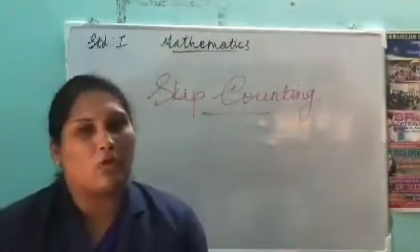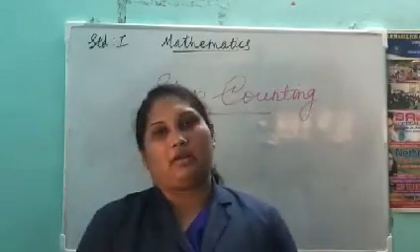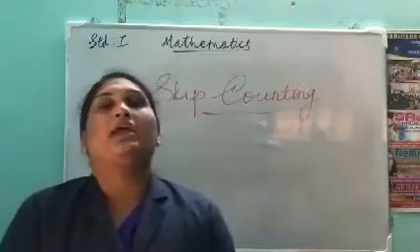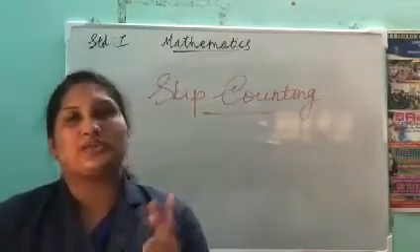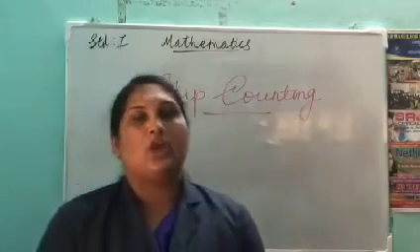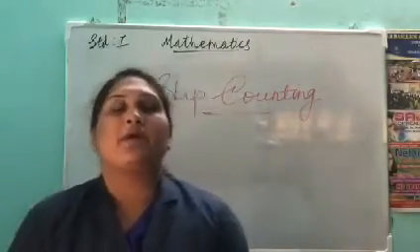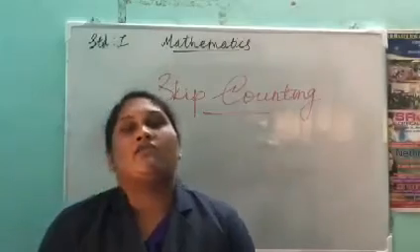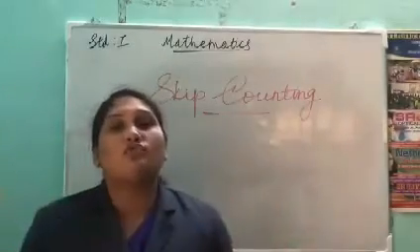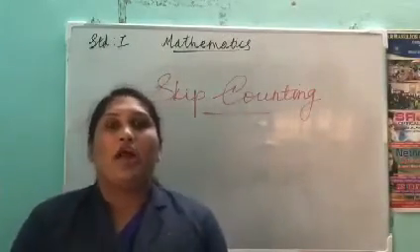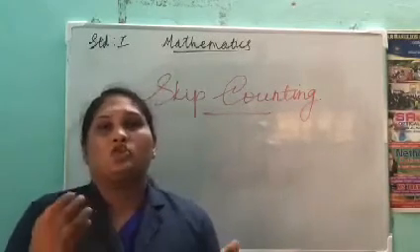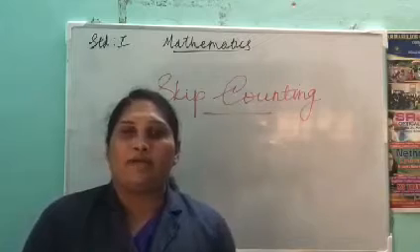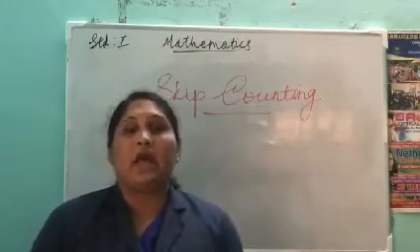We can skip count by any number, but here we are going to study skip counting by 2s, 3s and 5s. Do you know why skip counting is useful? When we have a lot of things to count, we count by skipping 2 or 3 numbers, or 5 or 10 numbers.